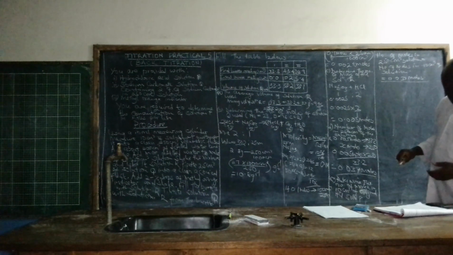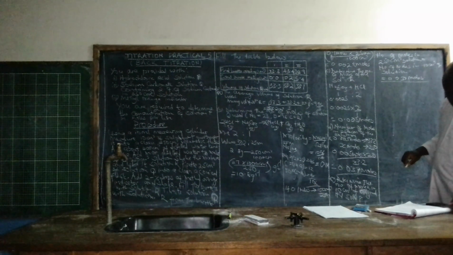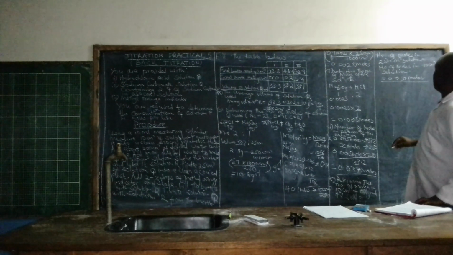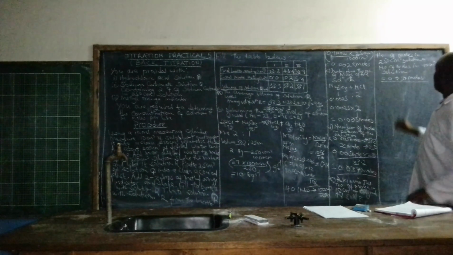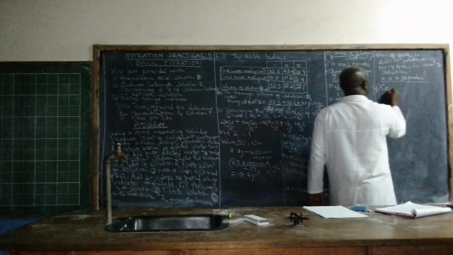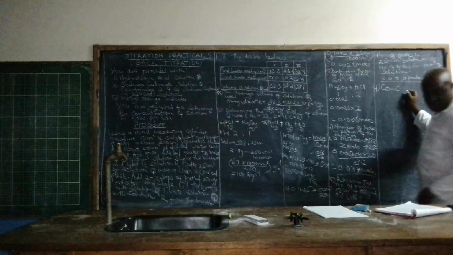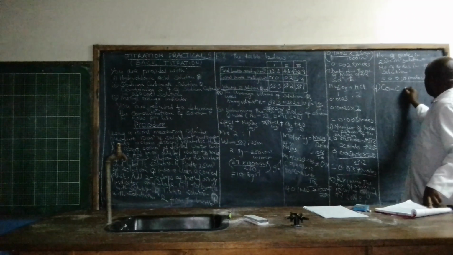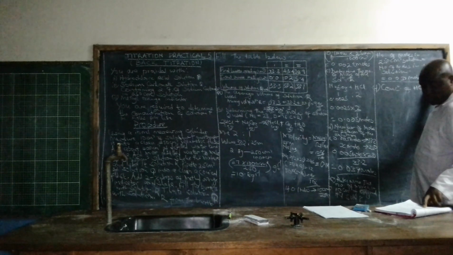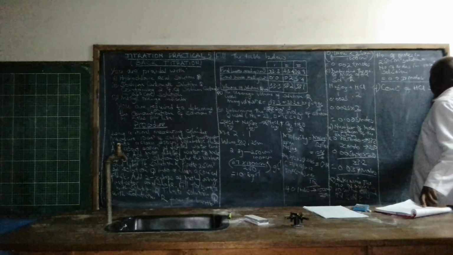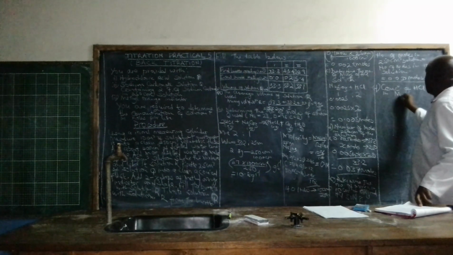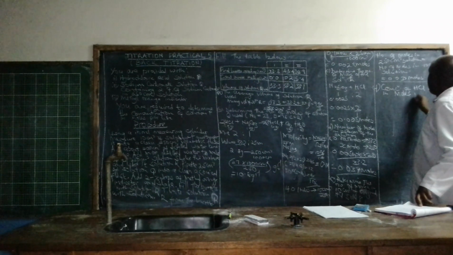So now we are going to calculate the concentration of hydrochloric acid of solution P. We have been told to calculate the concentration of HCl, solution P, in moles per liter.